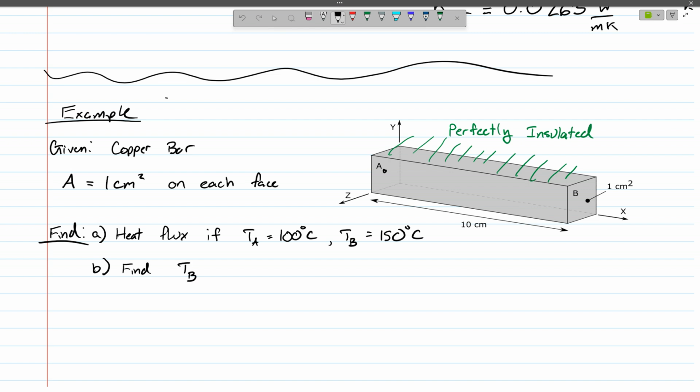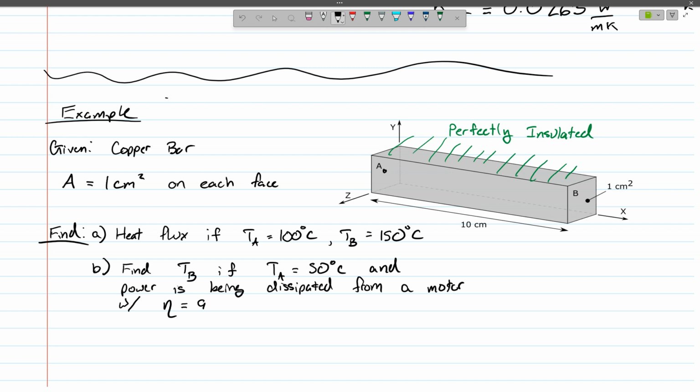find temperature B if temperature A is 50 degrees Celsius and power is being dissipated from a motor with an efficiency of 90% and a mechanical power output of P equal to 1 kilowatt.